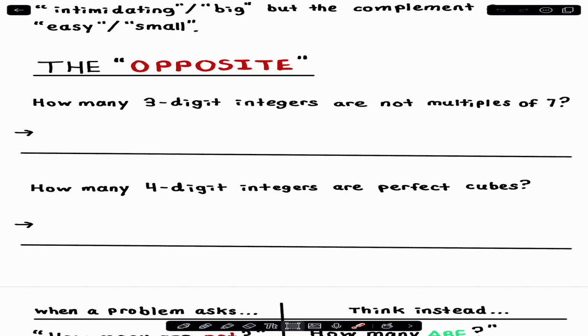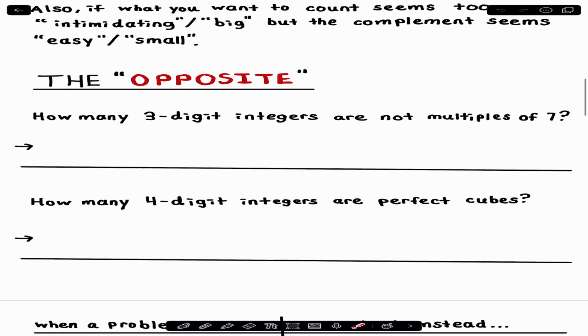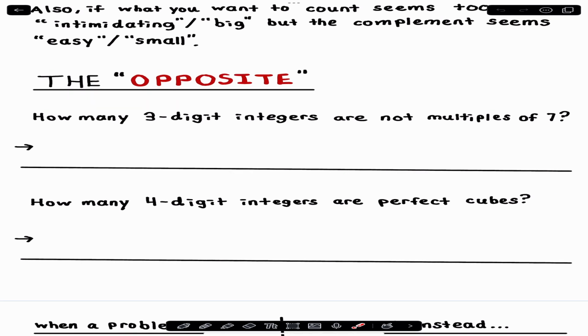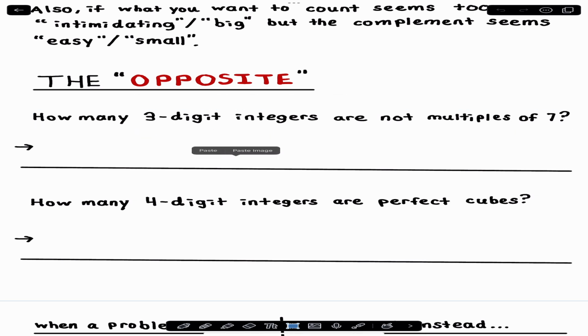For complementary counting questions, a lot of times you're going to take the question given in front of you, in this case our first example, how many 3-digit integers are not multiples of 7, and ask yourself the opposite.